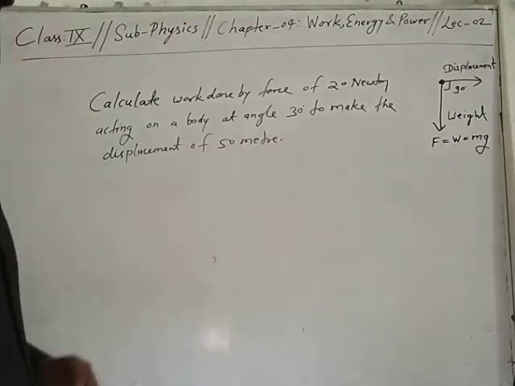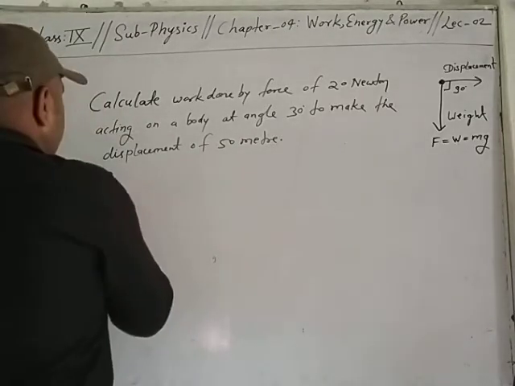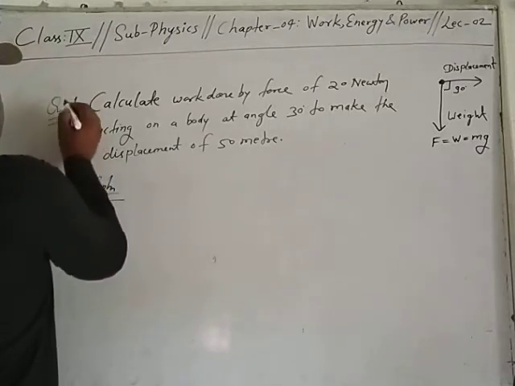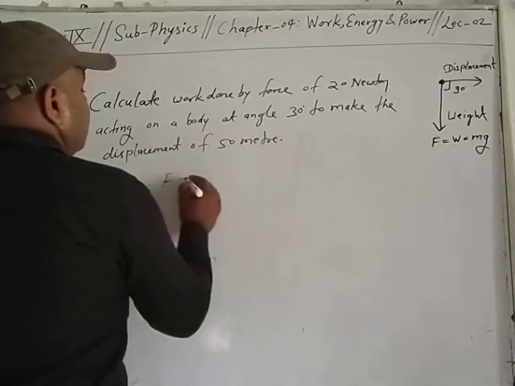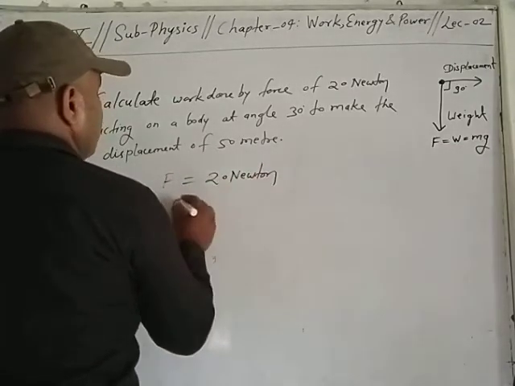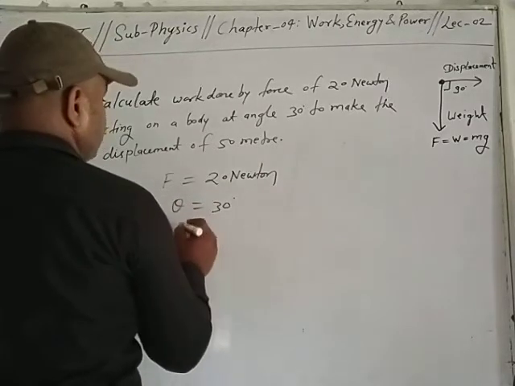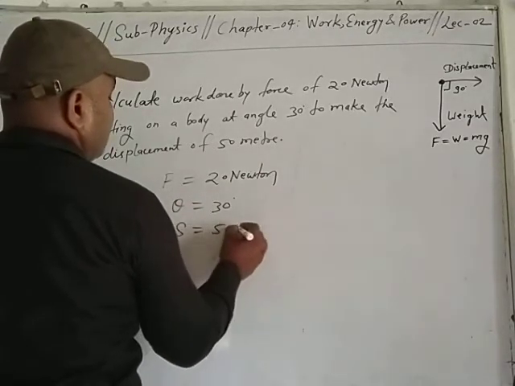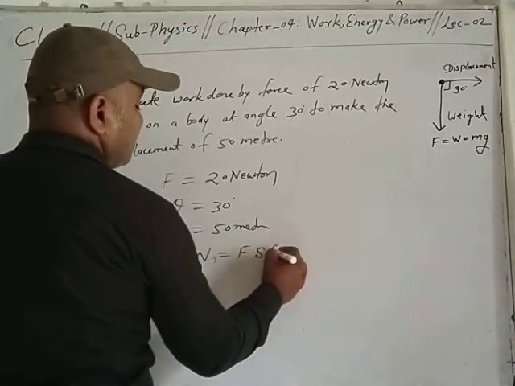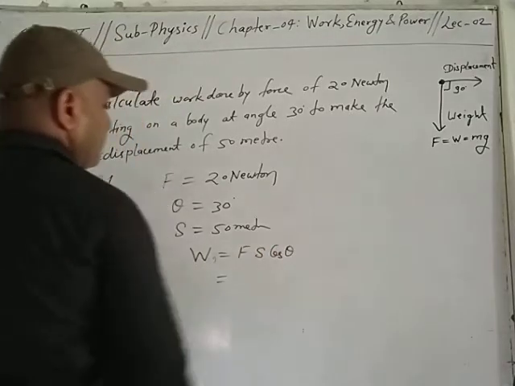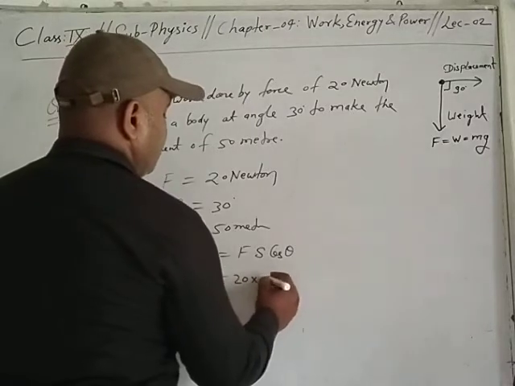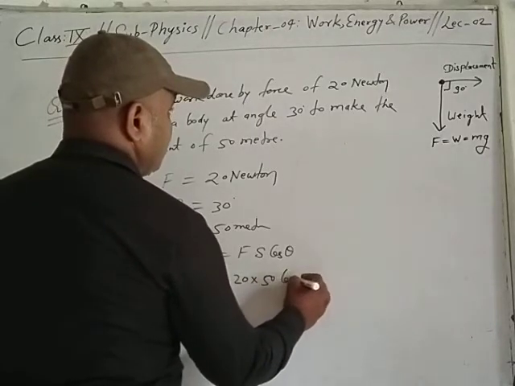Very simple concept. Here theta is given. Solution: force given, F is equal to 20 Newton, theta is equal to 30 degrees, and S is equal to 50 meters. Then work done W is equal to the formula F S cos theta. So F value is 20, S value is 50, and cos 30.